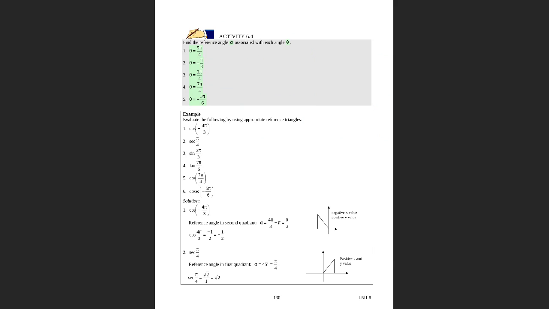For the next one, we have 0, pi over 2, pi, 3 pi over 2, 2 pi.